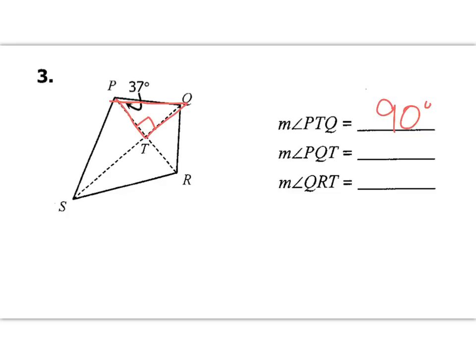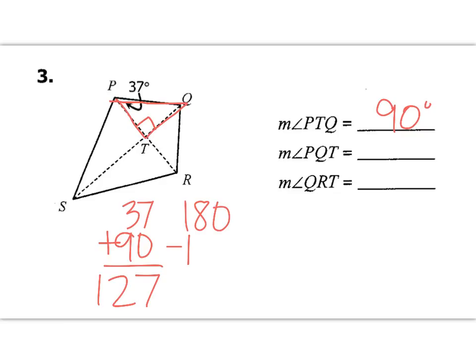So to solve for that missing angle, PQT, we can say 37 plus 90 gives us 127. Subtract that from 180, and we've got our missing angle measure. What is that going to be? 53. So this angle right here is 53 degrees.